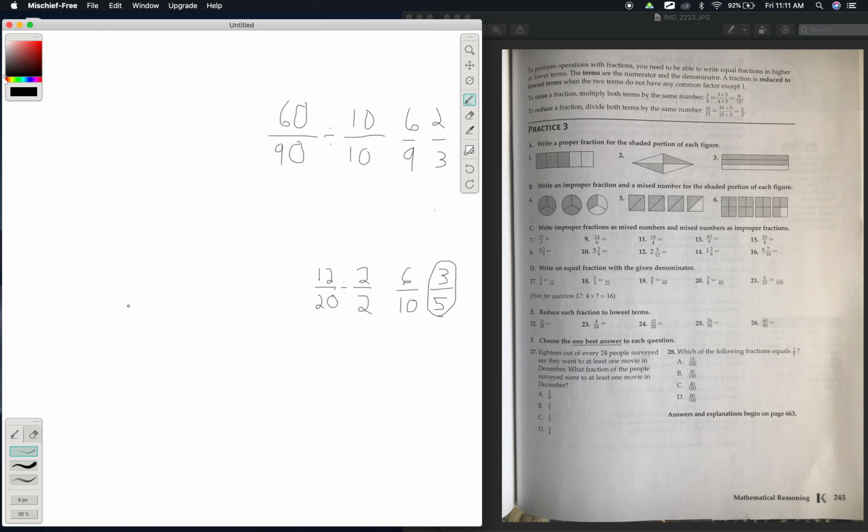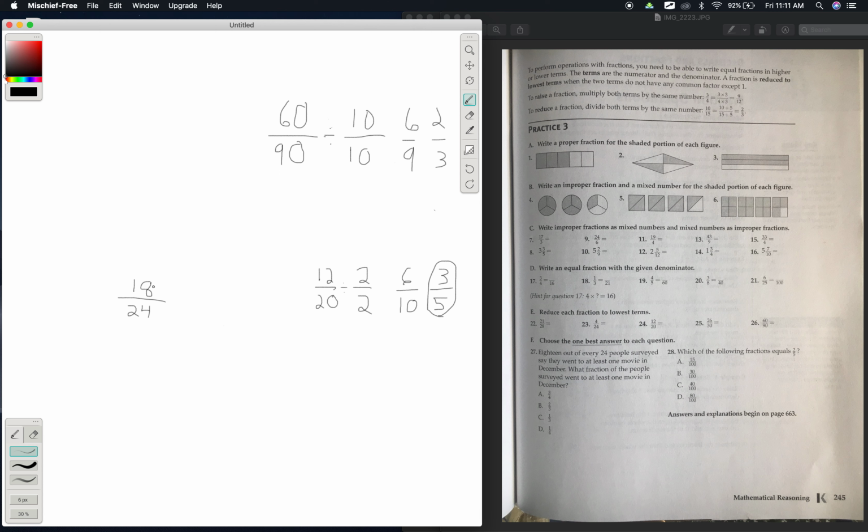So we know that the total amount of people that they surveyed was 24, and 18 of them had gone to at least one movie. Okay, so choose the best answer. This number here is the same as one of these numbers here, so you have to figure that out, which, as you can see, this is reduced.